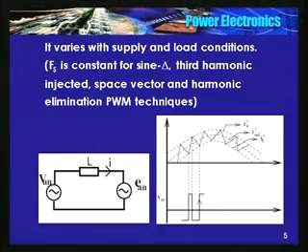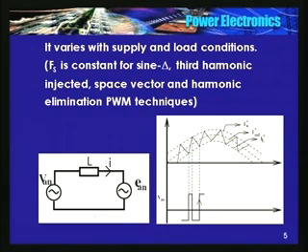So if the input voltage to the inverter fluctuates, VIN is going to change. So if VIN changes, di by dt will change. Therefore the switching frequency changes, because we are keeping the switch closed till the current touches either the upper band or the lower band.